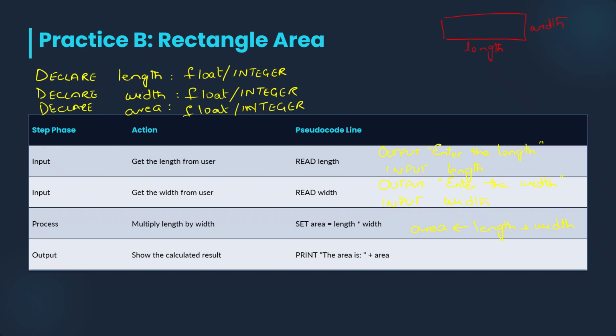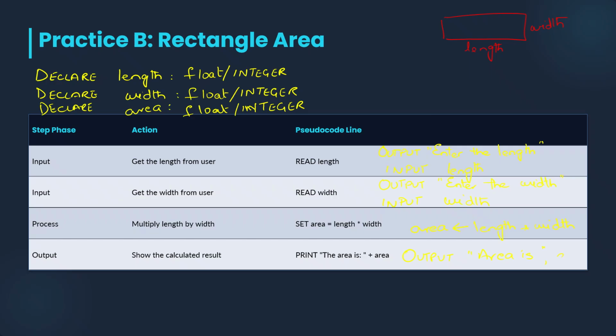Keep in mind that if you don't want to take a third variable, area, as a separate variable, you can simply multiply these two variables and directly output the answer when you move to the third sequential part of the program, that is output. Area is, comma.